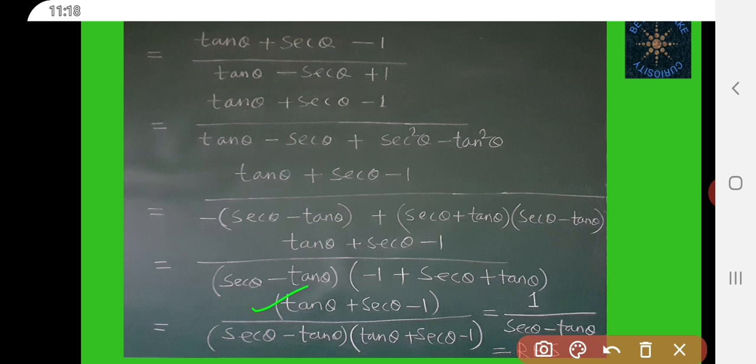And the numerator remains the same. Now you rearrange the terms: first tan theta, then sec theta, then minus 1. Now you see the numerator is equal to this factor, so they cancel.